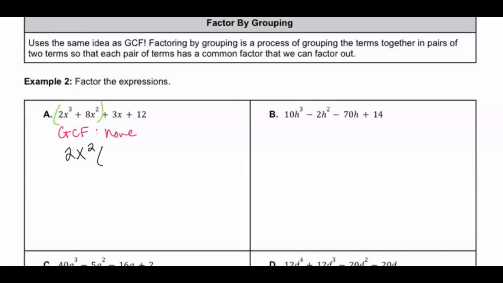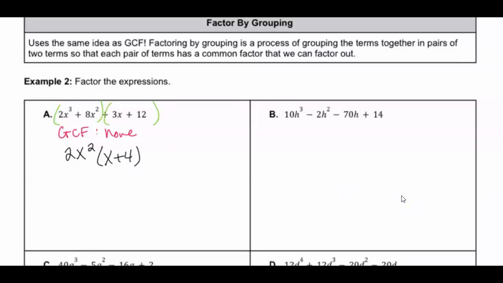So then from here, you say, okay, well, 2x squared times what is 2x cubed? Well, I need another x. And then 2x squared times what is 8x squared? Well, I already have the x squared, I just need to make it a 4.